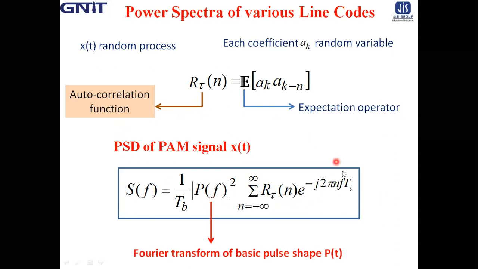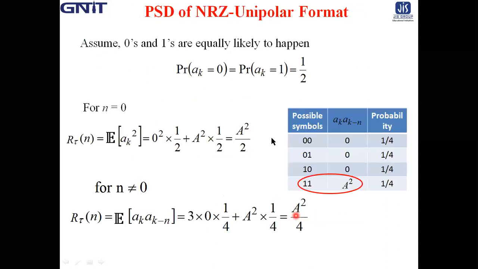So in that way, based on this expression, you can calculate the power spectral density of all the line codes. Let us first start with the PSD of unipolar format or unipolar NRZ format.